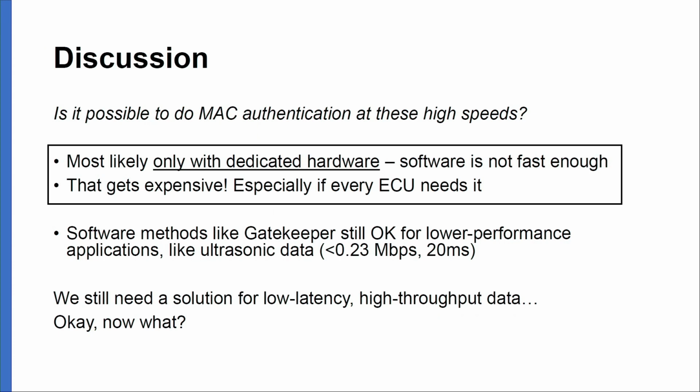So what we decided was it's probably only possible to meet these most stringent performance requirements with dedicated hardware. Software just isn't fast enough. And it gets expensive to implement hardware cryptography on every single ECU. So while software methods might still be very useful for other use cases like ultrasonic data that don't need to be as fast, we still need a solution for very low latency and high throughput data.